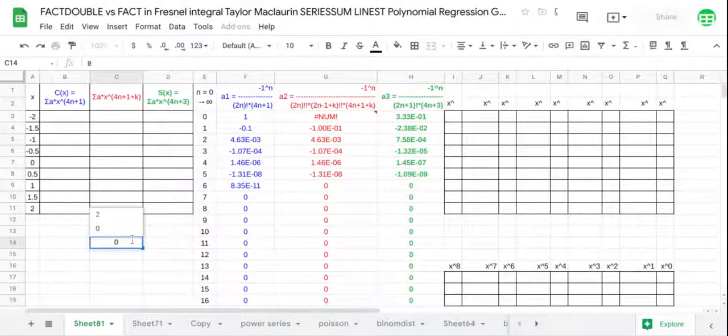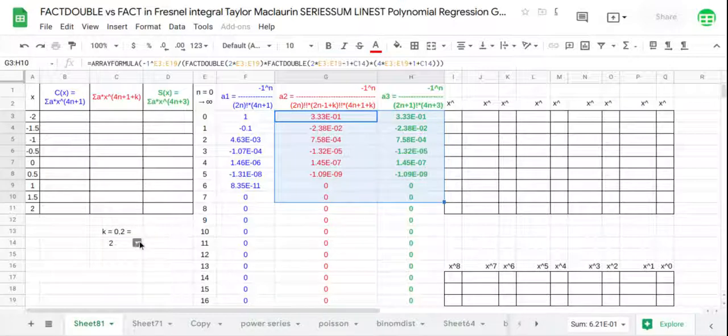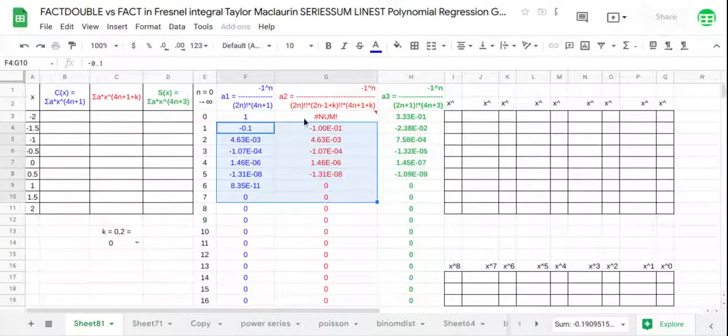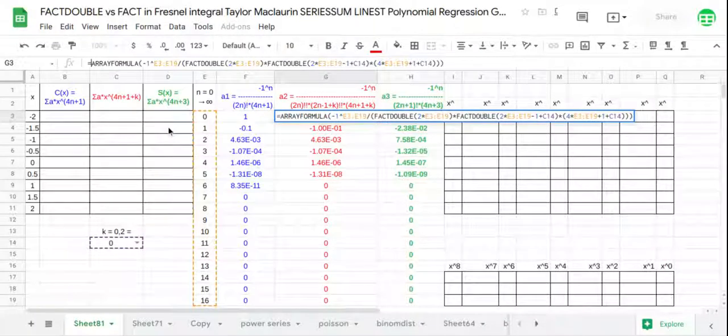There is an error if k equals 0, but k equals 2, their values are the same and there's no error. At k equals 0, their values here are the same. We correct this error with the formula if error.